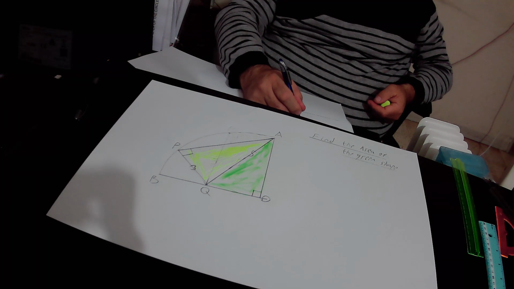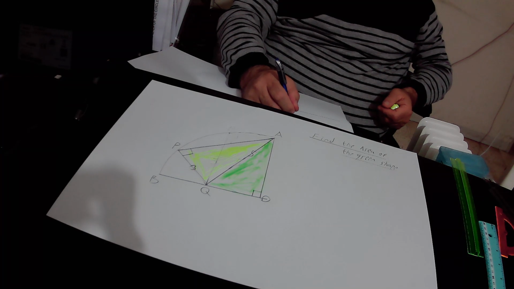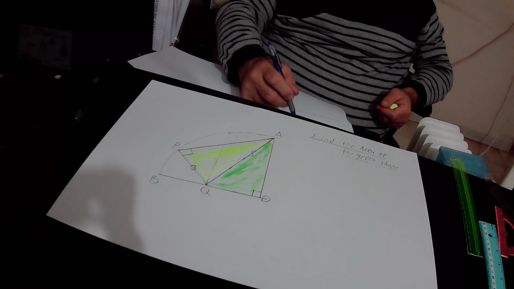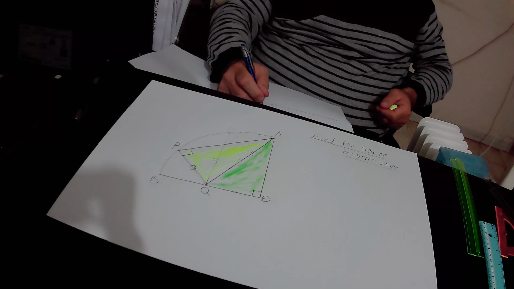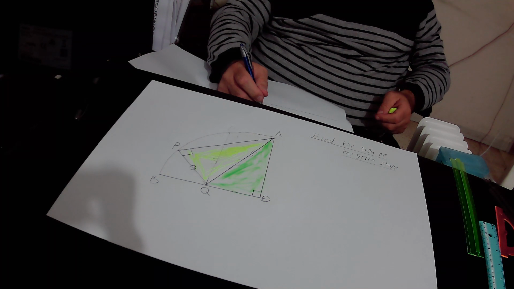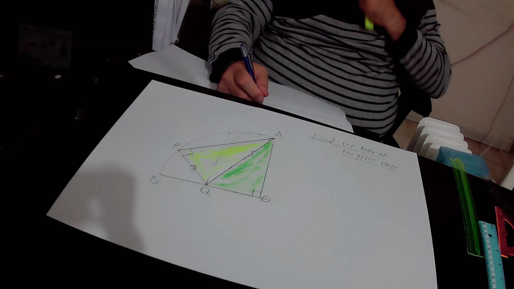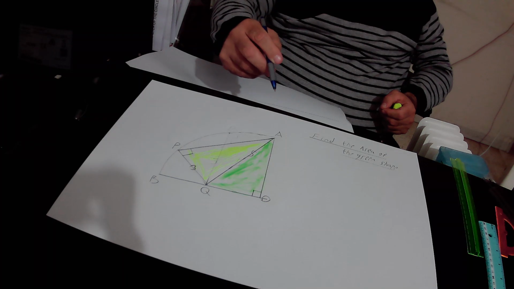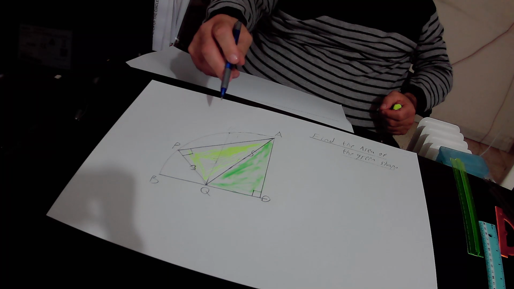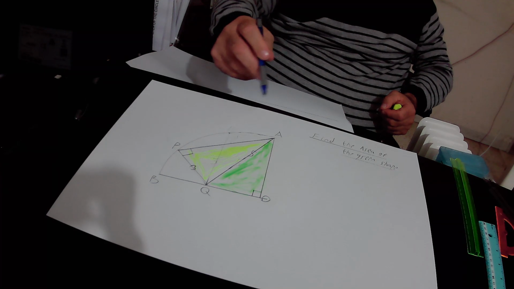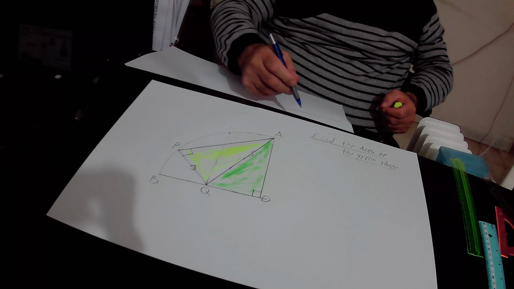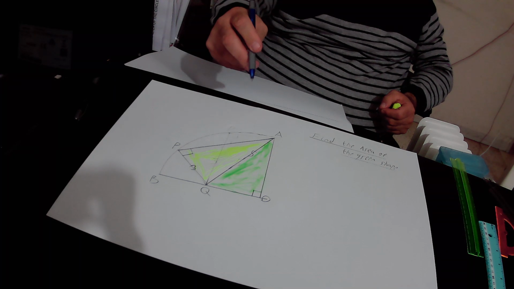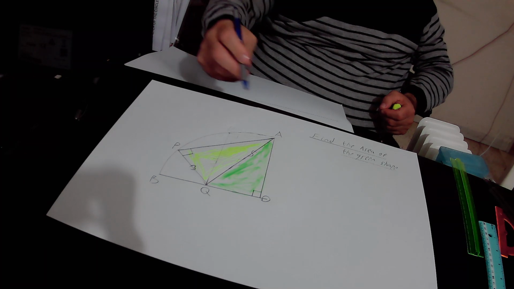PQ is 3, therefore PQ square is 3 squared, that is 9, plus AQ. Actually, the hypotenuse in the yellow right triangle APQ is AQ. Therefore, the square of the hypotenuse is AQ square equals PQ square plus AP square.